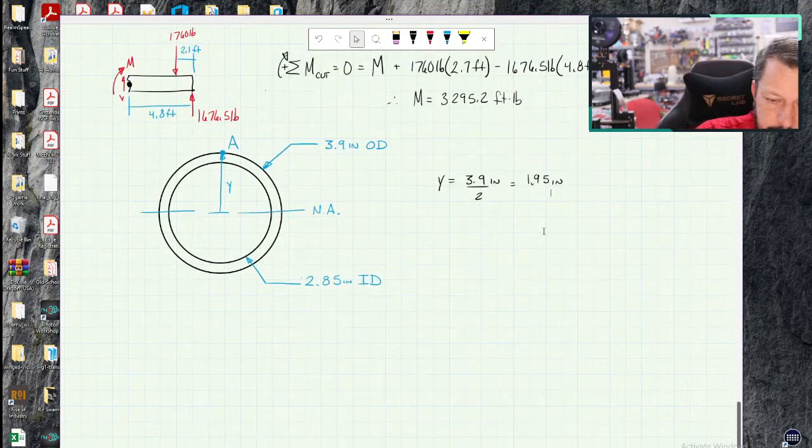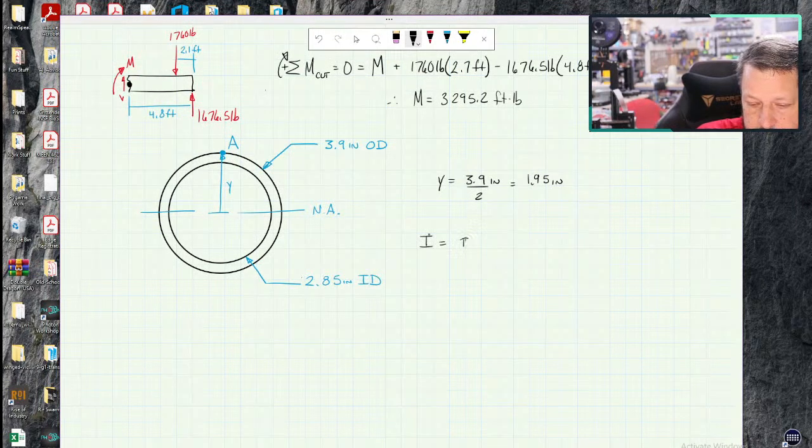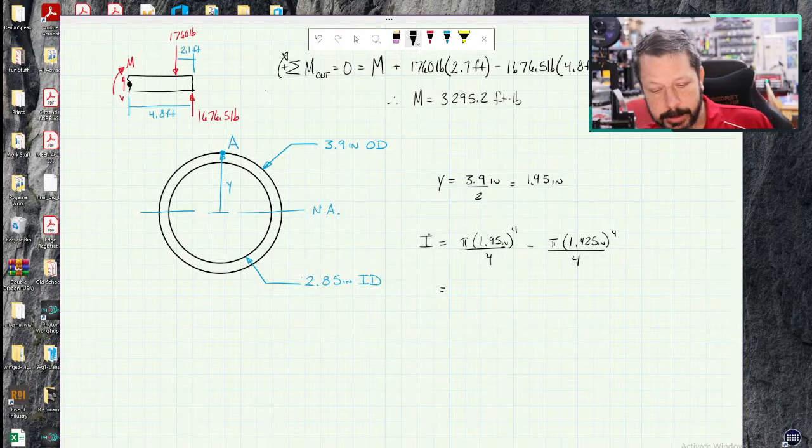So I for the composite shape equals pi outer radius, so 3.9 divided by 2, r to the fourth over 4 minus pi inner radius, 2.85 divided by 2, 1.425 inches to the fourth over 4. And I can just solve for the total moment of inertia.